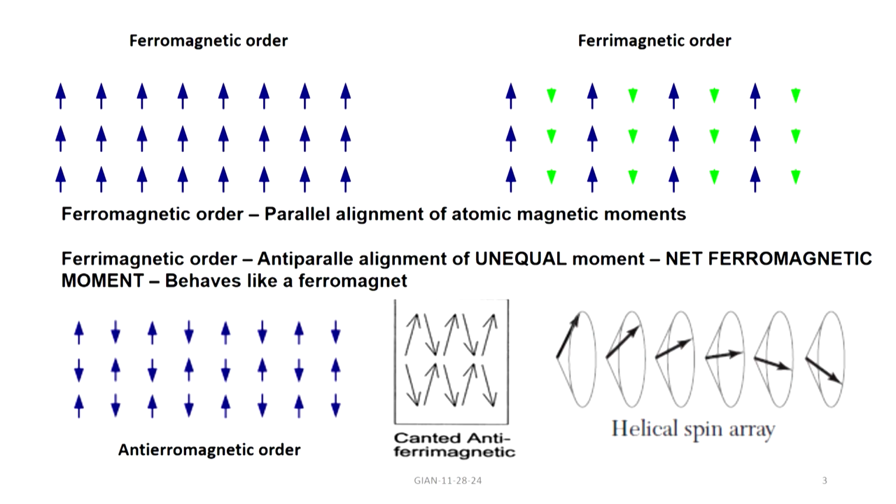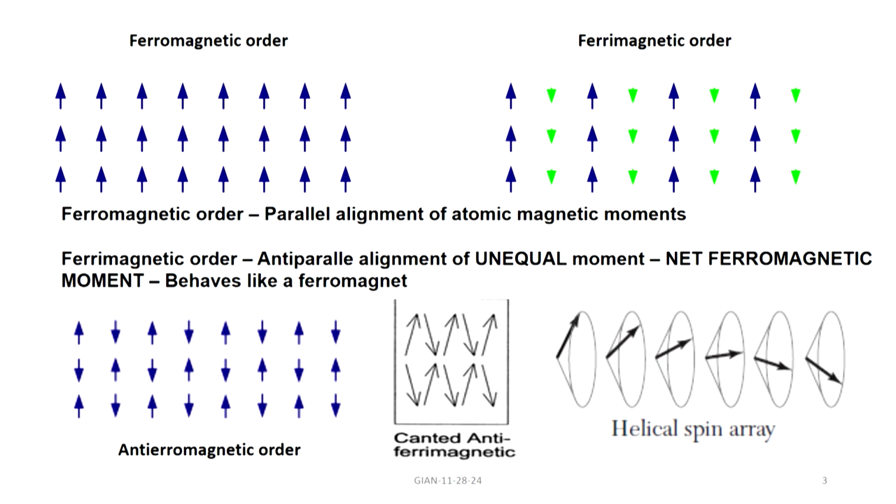Then you are also familiar with antiferromagnets, where there are two moments equal and opposite. So, the net moment is 0, and there are many materials that are antiferromagnetic. Manganese oxide, MnO, nickel oxide, cobalt oxide, iron oxide, they are all antiferromagnetic.